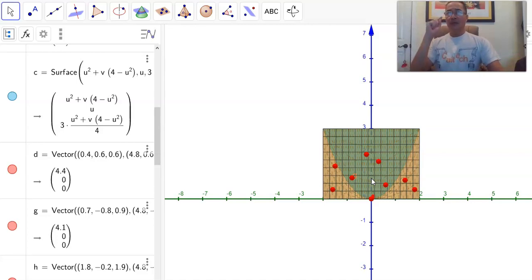So what does that mean? Let's do a type 1 first. Y will go from negative 2 to positive 2. X will go from 0 to the parabola. I'm sorry, z. Z will go from 0 to the parabola, which is z equals 3y squared over 4.